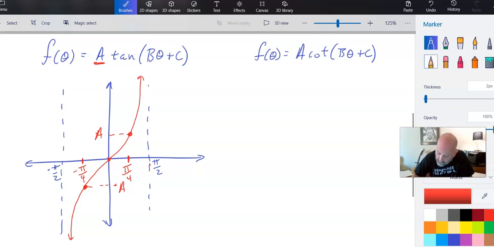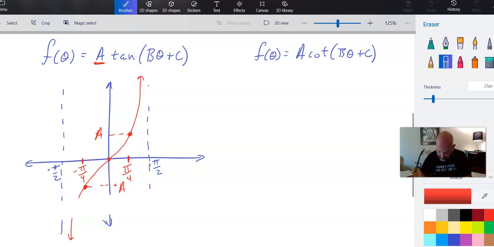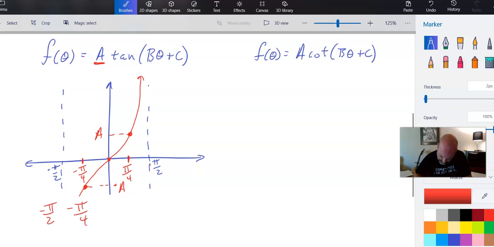So the key points we're going to be interested in with tangent are going to be these, the ones where we have things marked here. So we're going to be interested in negative pi over 2, negative pi over 4, 0, pi over 4, and pi over 2. And what these are, I'm going to call these key arguments.